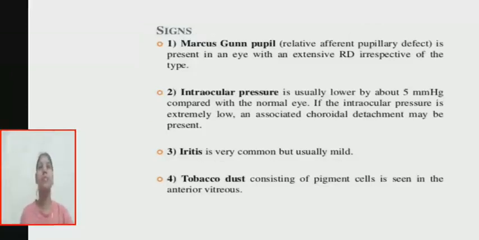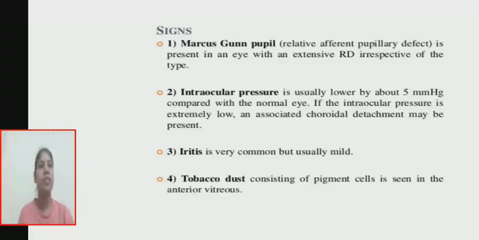Now, signs. Macular involvement. Pupil: a relative afferent pupillary defect is present in an eye with an extensive retinal detachment, irrespective of the type.